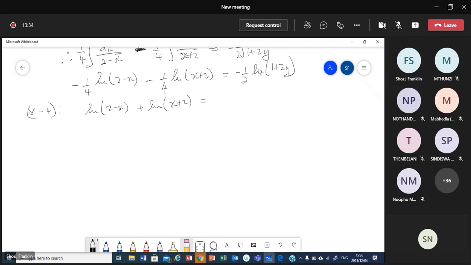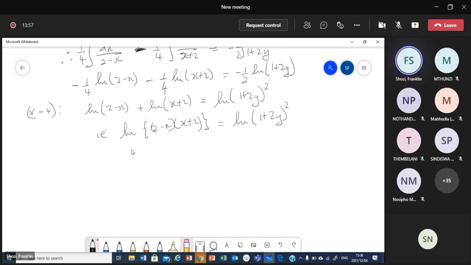Okay? There's 2 in front here, I can take it on top. This is the same as ln of 2 minus x into x plus 2 equals ln of 1 plus 2y all squared.